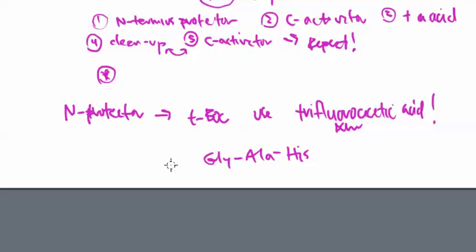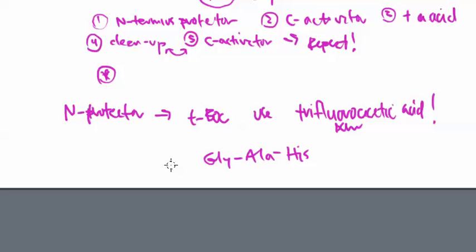Now notice I deleted the nitrogen. The nitrogen stays. I only put the N there to let you know that this was the beginning of the protein and that was protected. In this case, the nitrogen is still involved in the amino acid. It's now really an NH3+. It just doesn't have a protecting group on it. So trifluoroacetic acid and DCM will go in, remove that protecting group, and convert it back to the N-terminus of the actual protein chain itself.